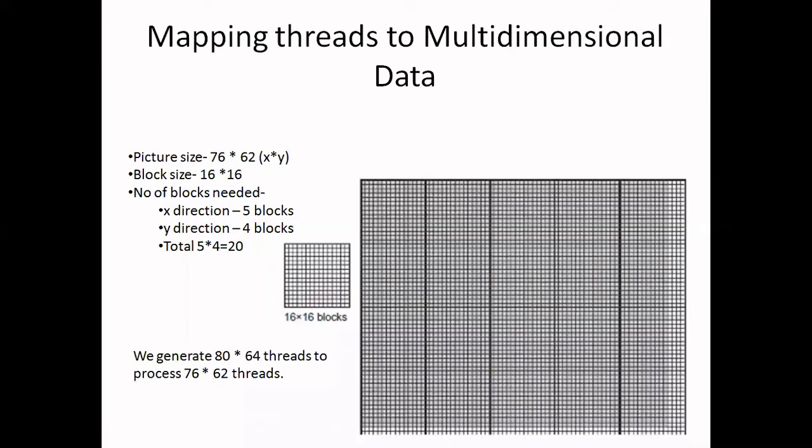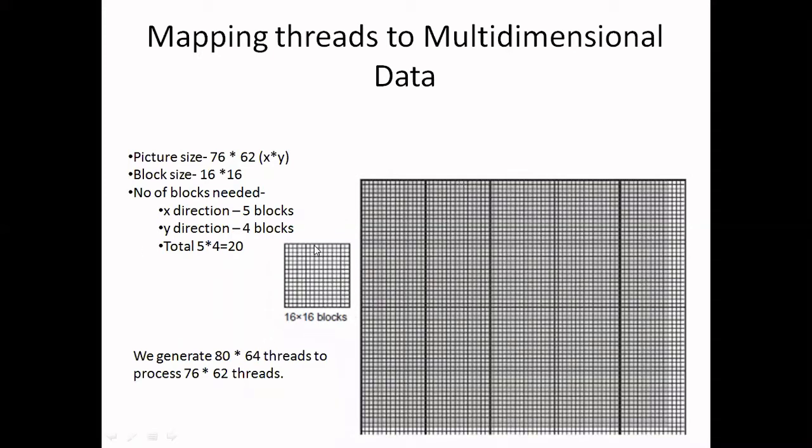These blocks can also be arranged in a certain way. How these blocks are arranged, we call it a grid. Just to differentiate between the arrangement of threads in a block and the arrangement of blocks, we call it a grid.